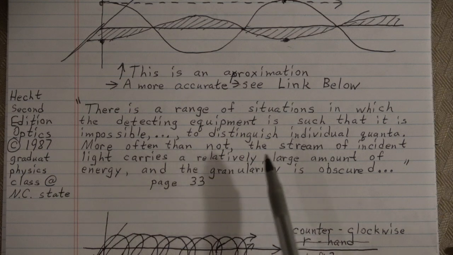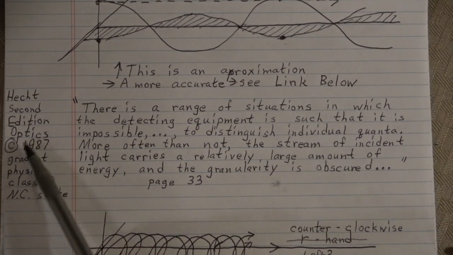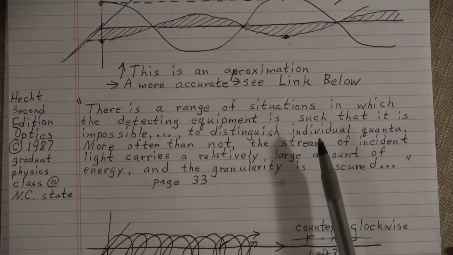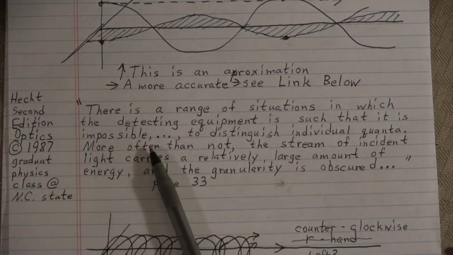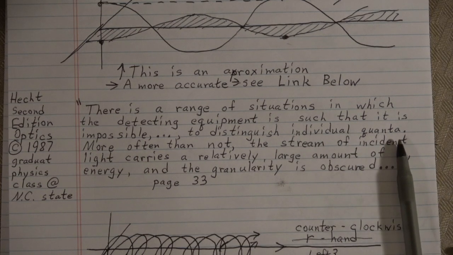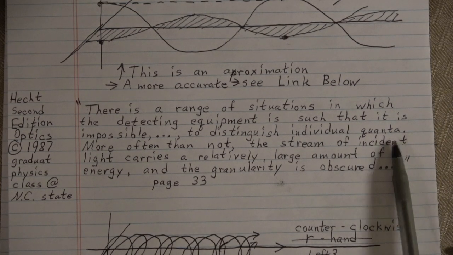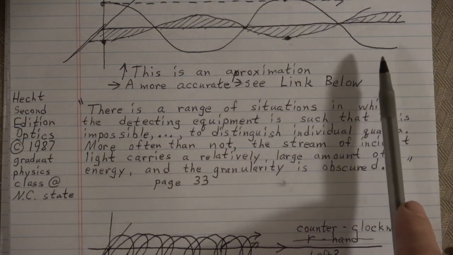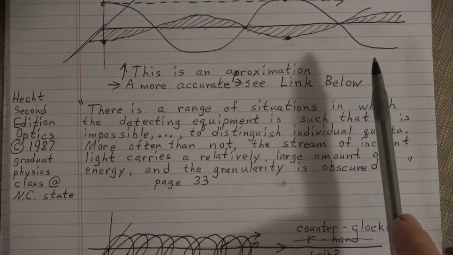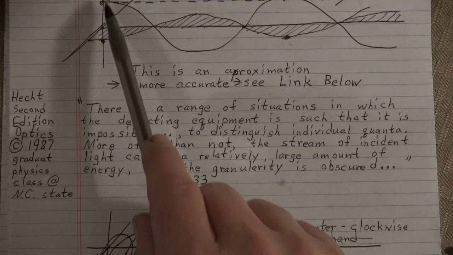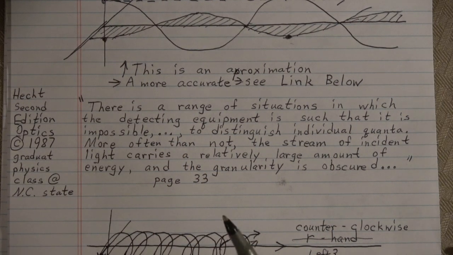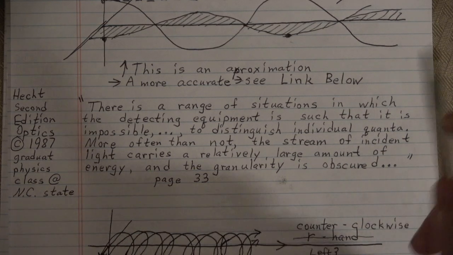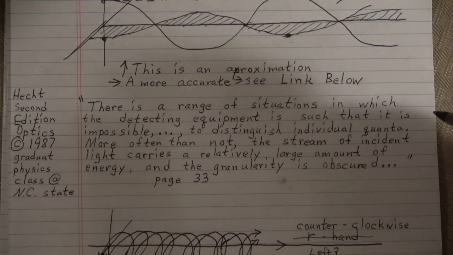I'm going to pull a quote out of this book: "There is a range of situations in which the detecting equipment is such that it is impossible to distinguish individual quanta." That means they are not getting this form from a single photon. They're getting them from lots and lots of photons. In order to figure out where the electromagnetic effect is coming from, it requires that energy be given into a detector. You cannot detect anything without energy.